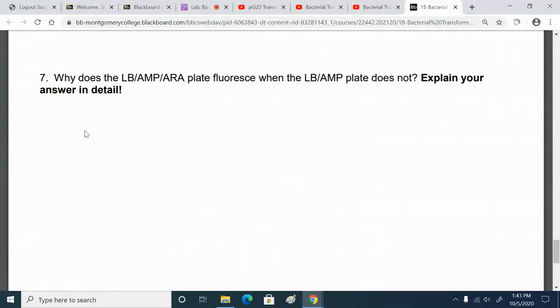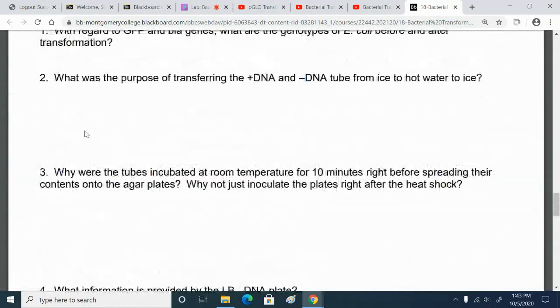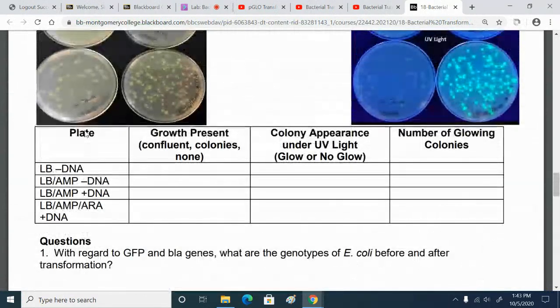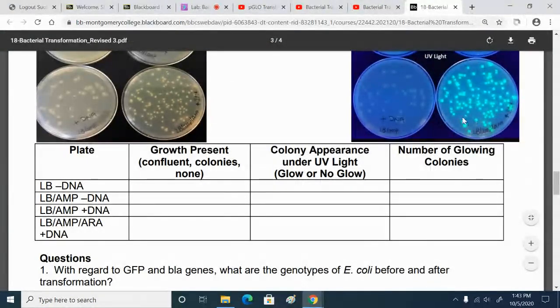So question 7, why does the LB ampicillin arabinose plate fluoresce when the LB ampicillin plate does not? So why is it that the bacteria on this plate are fluorescent green and the bacteria on this plate are not?